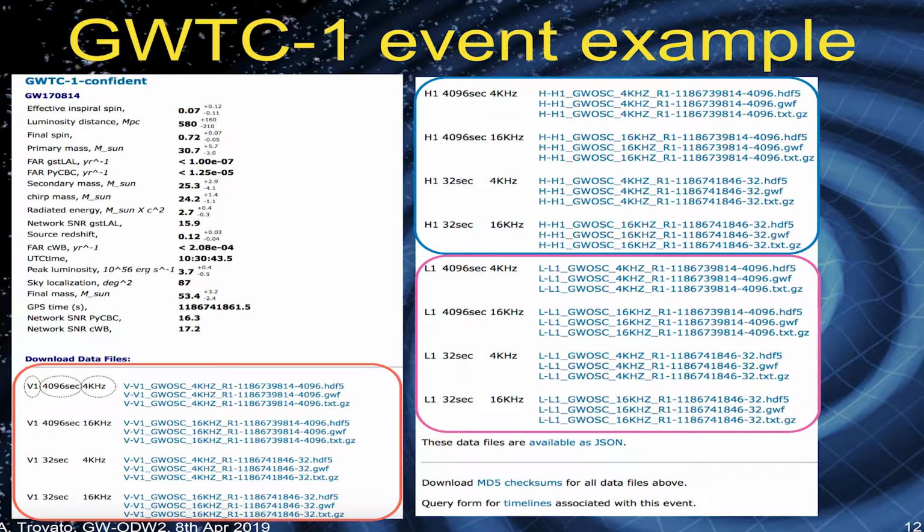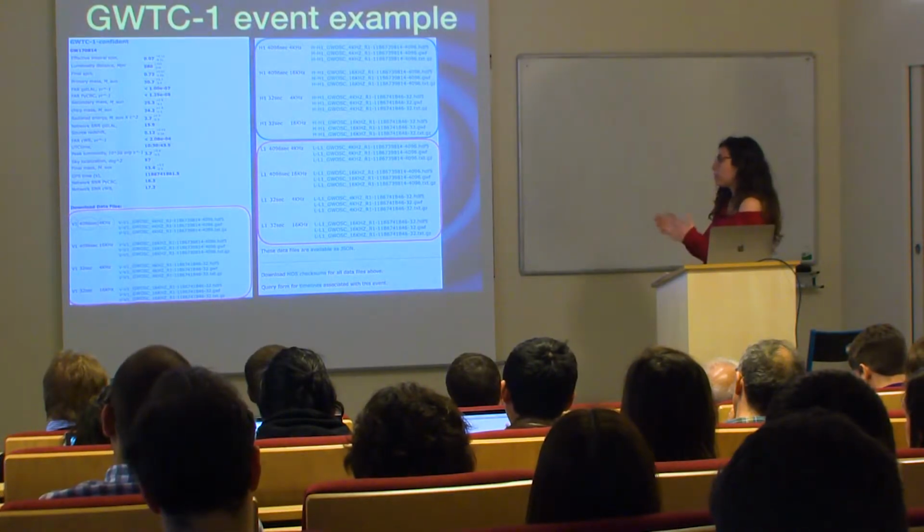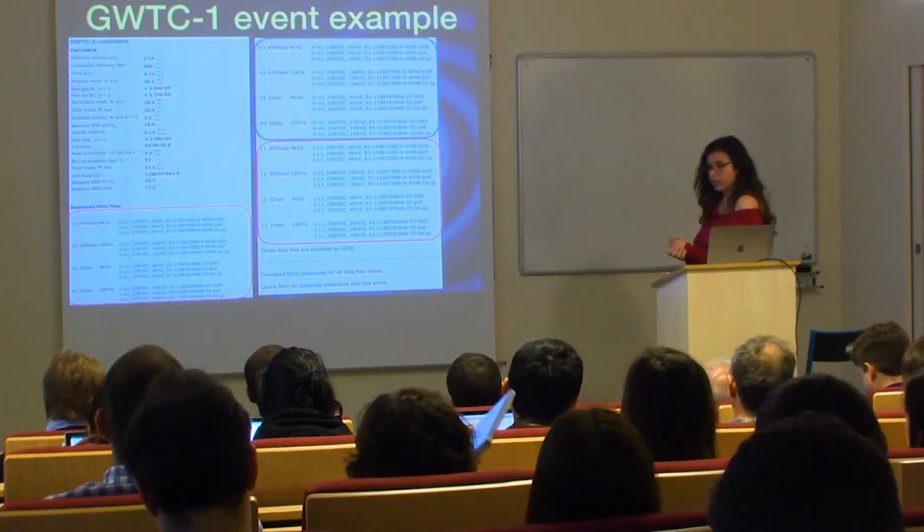data types that I was mentioning before, and you can download the file at different lengths. So you have a 32-second file, or 4096-second duration of strain around the time of the event, and you can choose 16 or 4 kilohertz sampling rate.